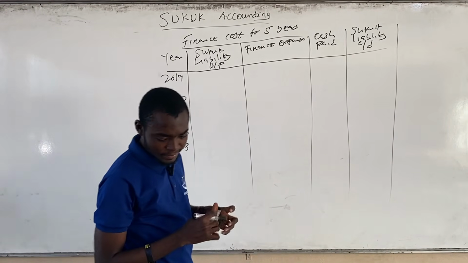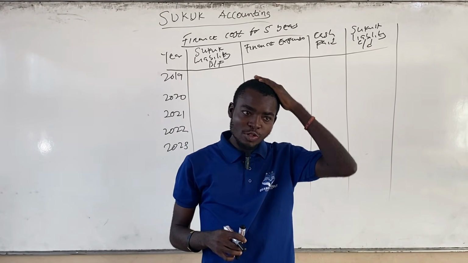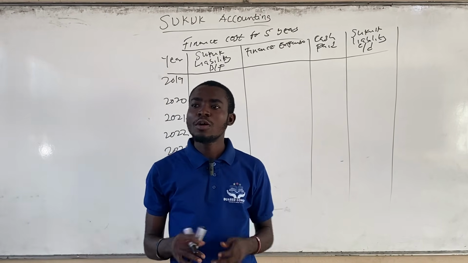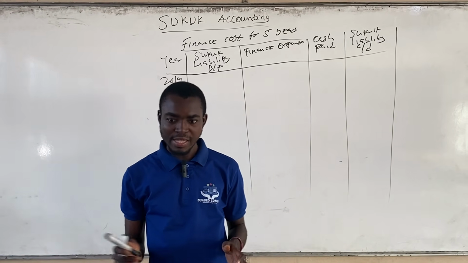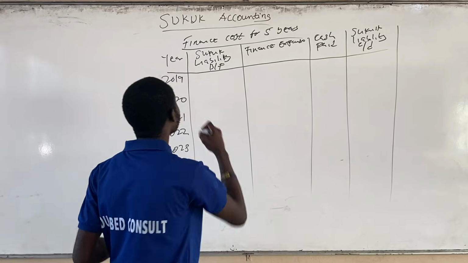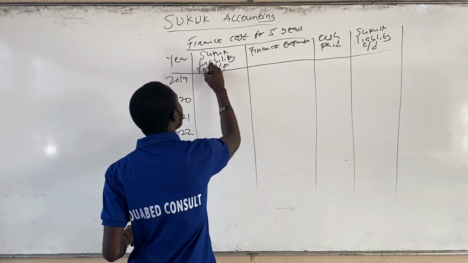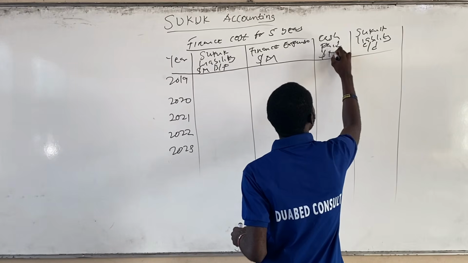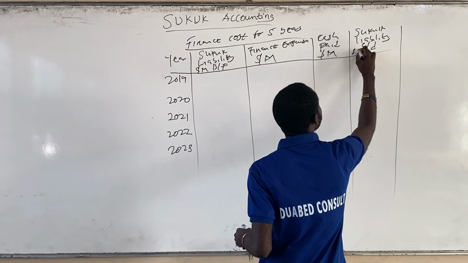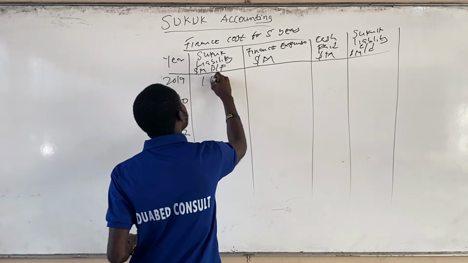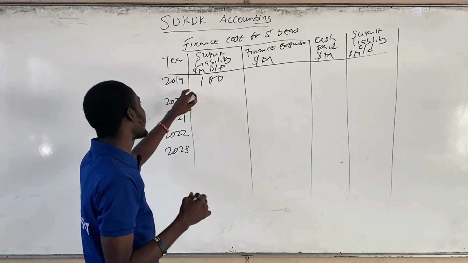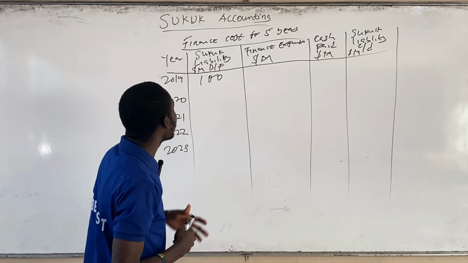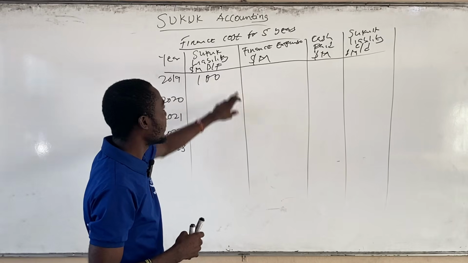The actual amount of money that the Sukuk holder, the investor, gave to the originator was 100 million. So at the beginning of 2019, the originator has a liability of 100 million.